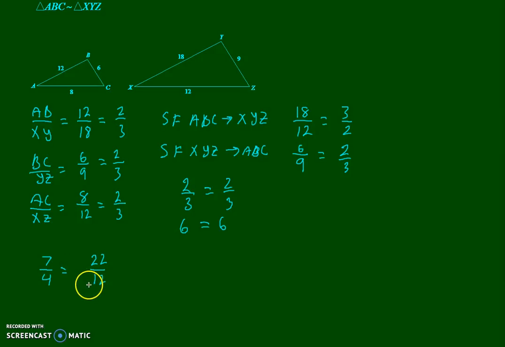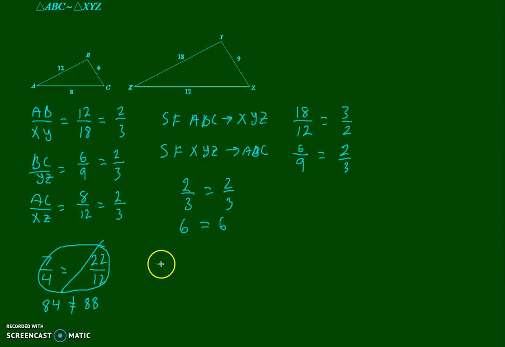7 times 12 is 84, and 4 times 22 is 88. And you can see that these are not equal, so this is not a valid proportion. This is not a valid proportion because the equality of cross products was not maintained.